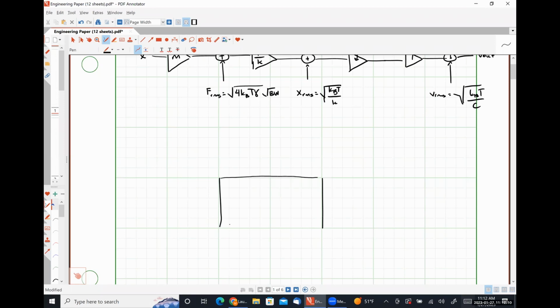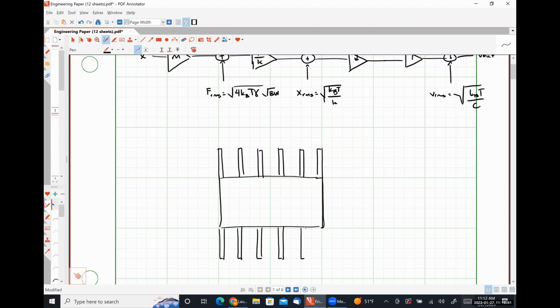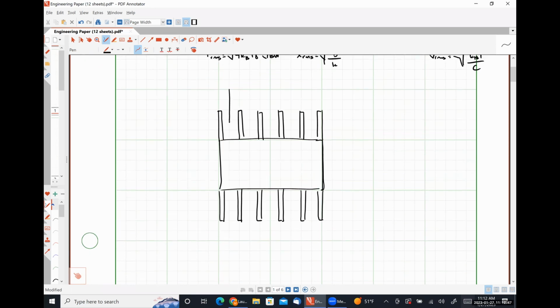So we have a large plate with comb fingers, like so. Then we have our fingers up here.